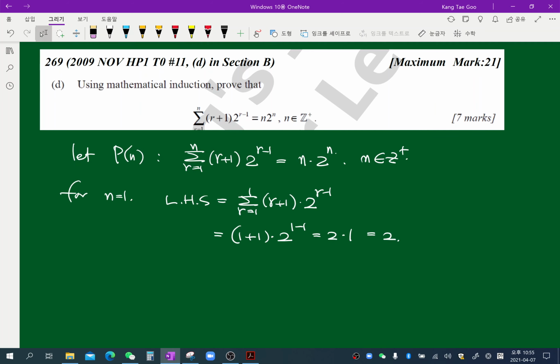Your left hand side is 2. Your right hand side, n is 1, so 1 times 2 to the power of 1, which is 2. Since your left hand side is the same as your right hand side, you can say P1 is true.